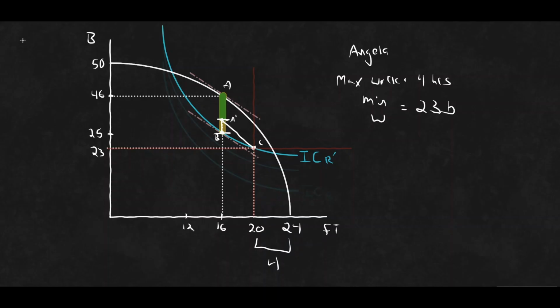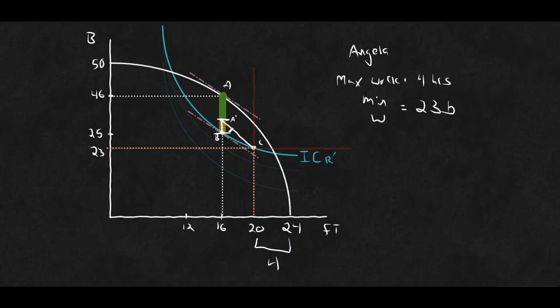Of course, Bruno would want to set the wage as close to B as possible, because as a result, Bruno's profit is the largest it could be. Angela, alternatively, would want to push that wage as close to A prime as possible, making Bruno no worse off than that government legislated outcome, but capturing all of those benefits for the laborer, for the worker.